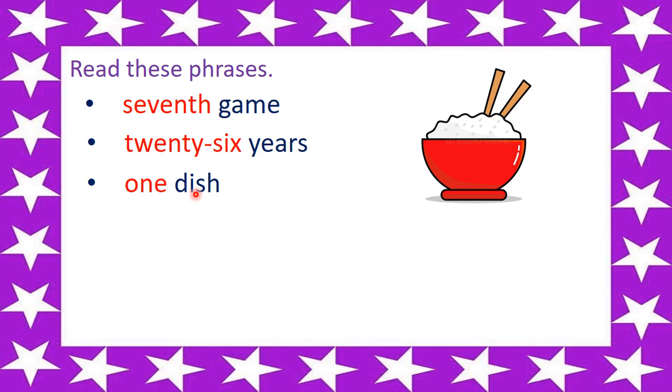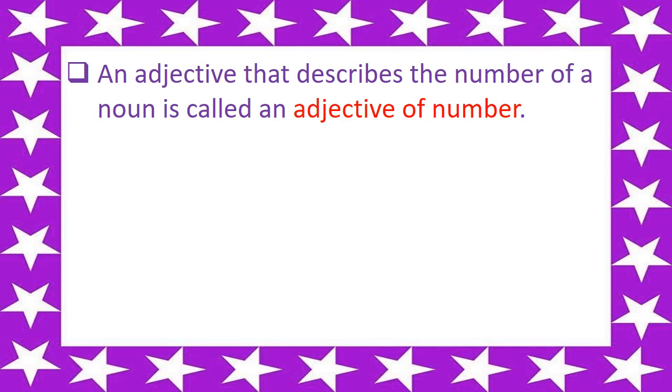See here, one dish, then 26 years and seventh game. So remember, an adjective that describes the number of a noun is called an adjective of number.